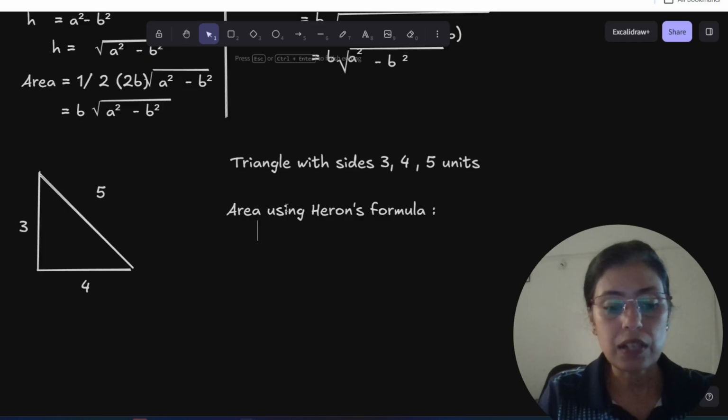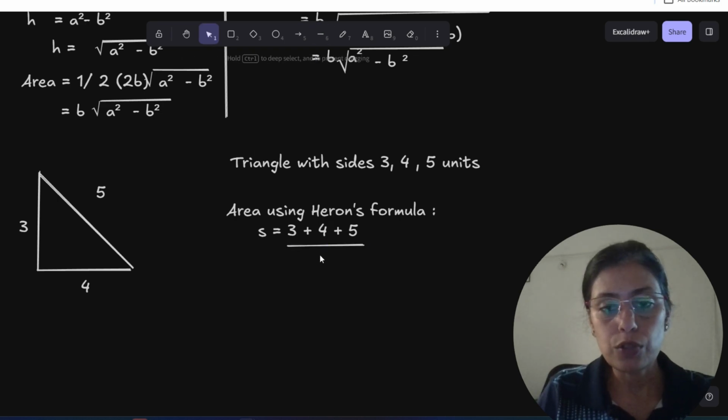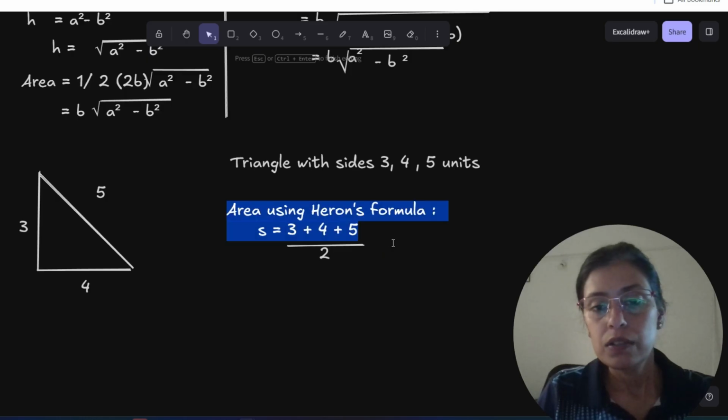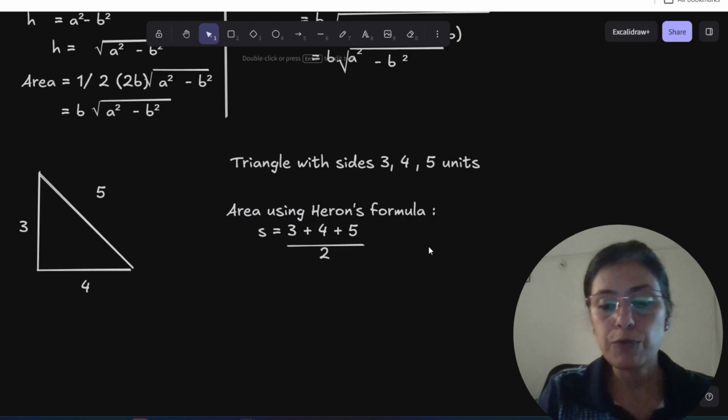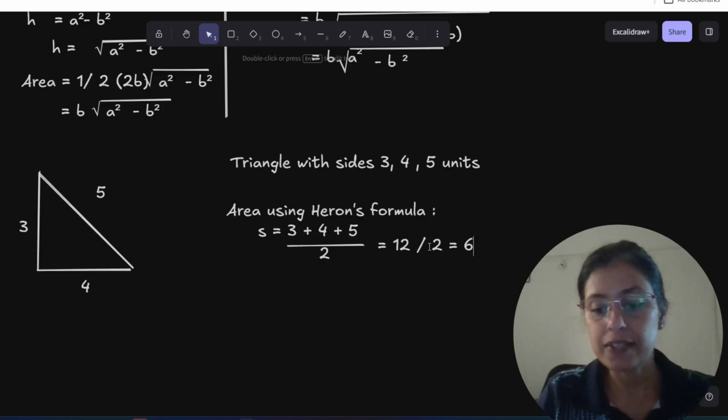So we'll start with the semi-perimeter. Calculating semi-perimeter, very easy, 3 plus 4 plus 5 by 2. So this is equal to 3 plus 4 is 7, 7 plus 5 is 12. So this is 12 by 2, which is equal to 6.